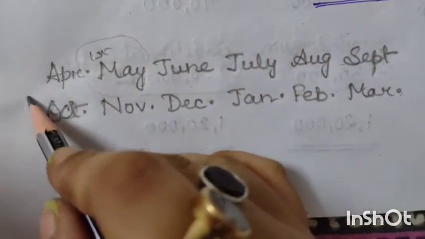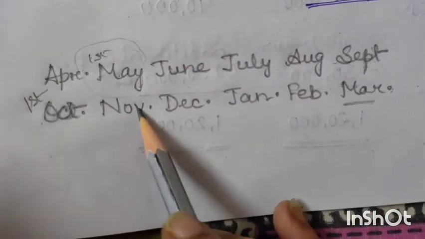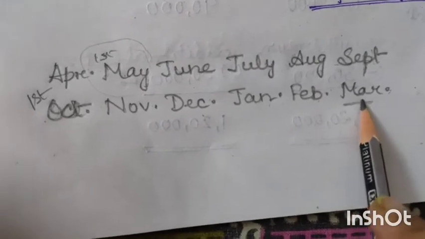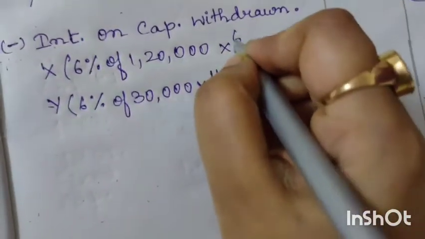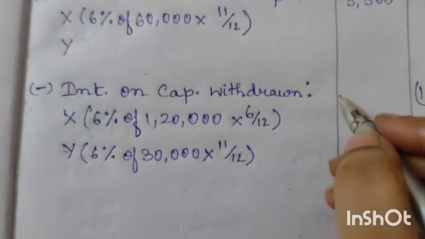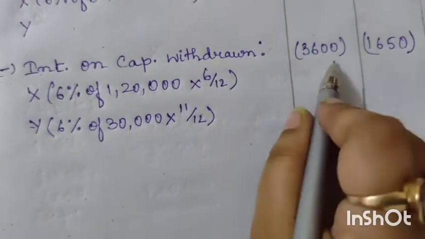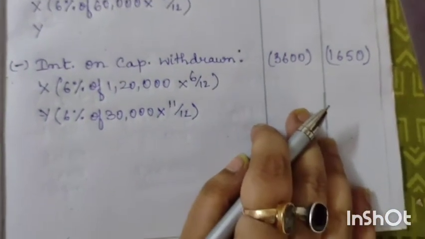So from 1st October the year ends at March. So if we calculate 1, 2, 3, 4, 5, 6, it is 6 months. So here we will write 6 by 12. So now if we make the calculation, we will get 3,600 minus, so we are writing in bracket minus 3,600.